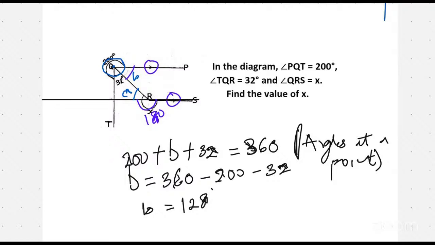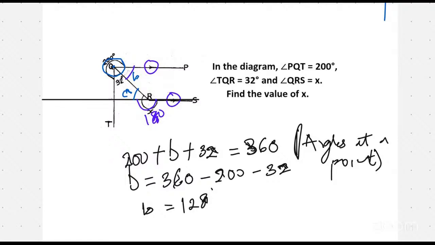But that angle looks more like an acute angle, and 128 degrees is an obtuse angle. So something may be wrong somewhere with the diagram. I suspect something may be wrong with the diagram, but nevertheless, let's go on with what we are thinking.